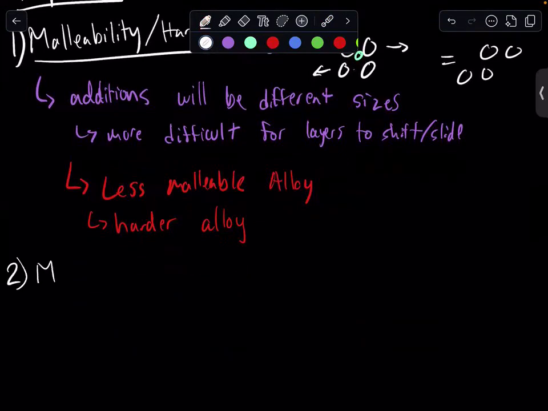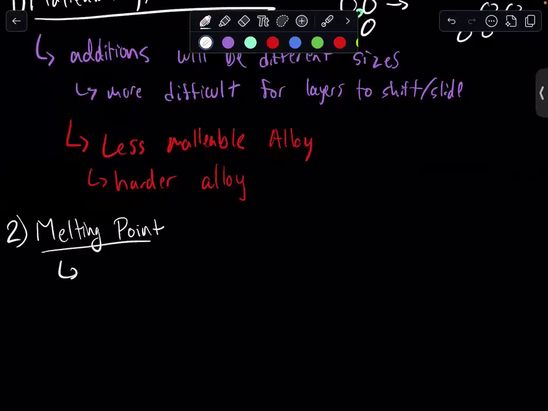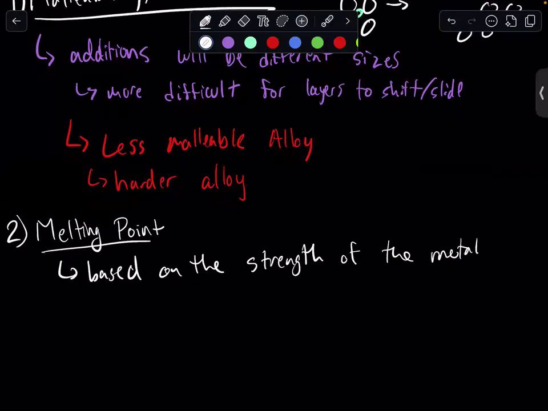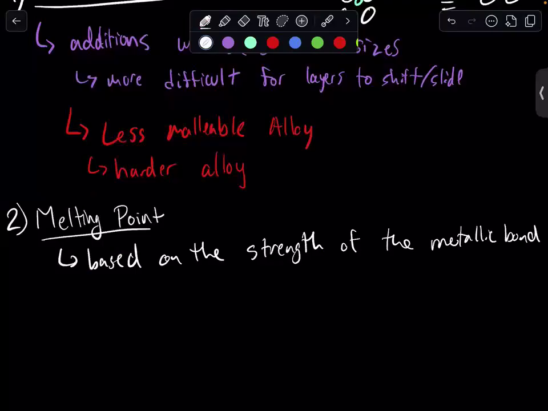The second property that gets often changed is melting point. So melting point, as we learned before, is based on the strength of the metallic bond. So when we change that bond by removing cations from the lattice or putting new elements between the cations and the delocalized electrons, increasing the distance, we are going to decrease that bond. We're going to decrease that attraction.